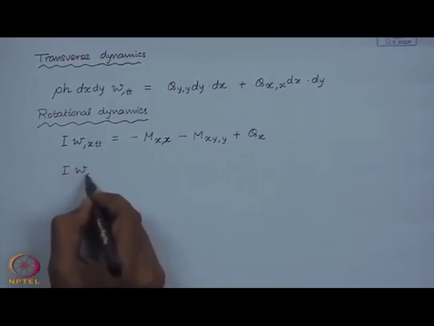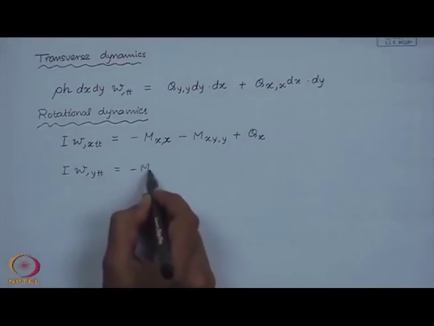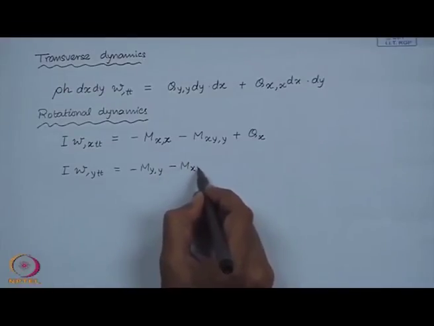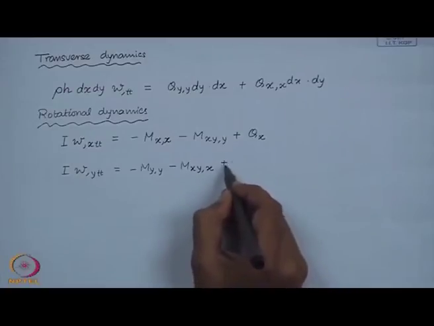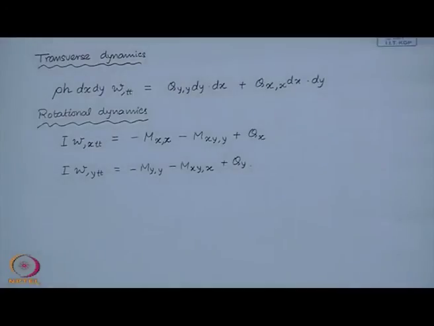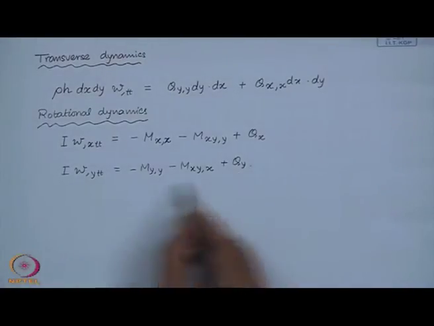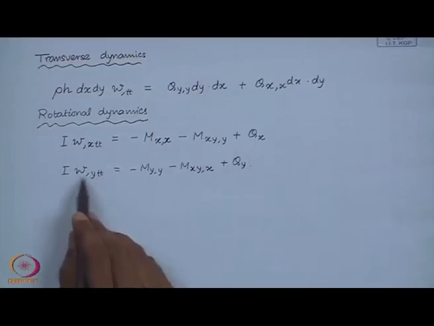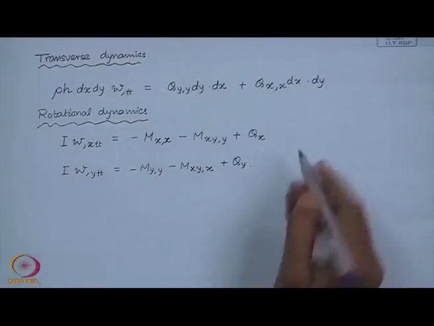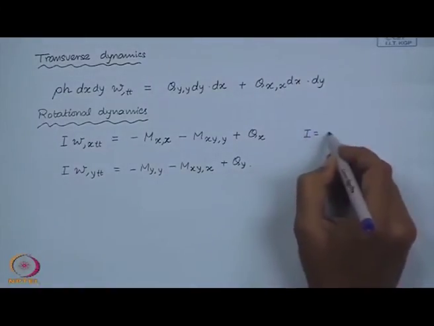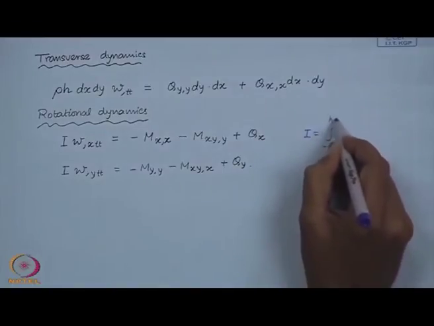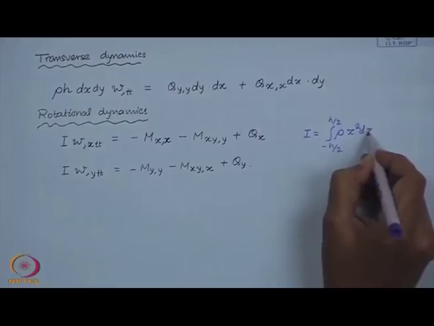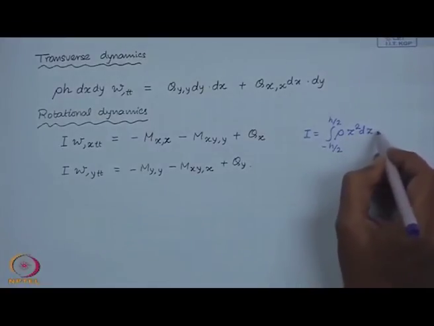Similarly, you can write down the rotational dynamics about the x axis, and I is the moment of inertia per unit area.